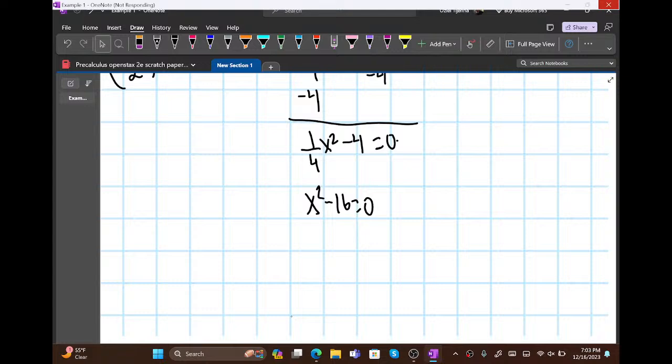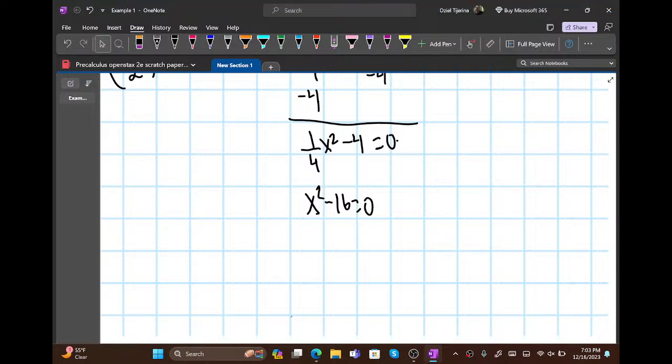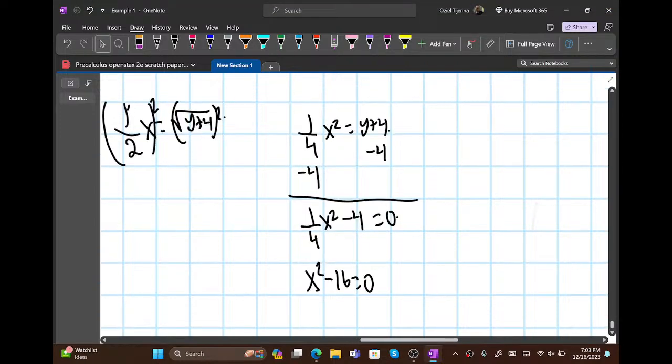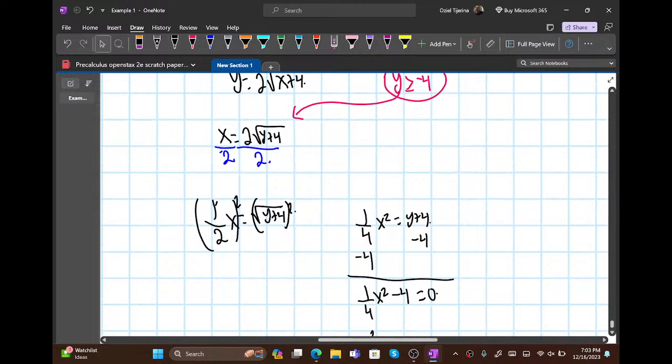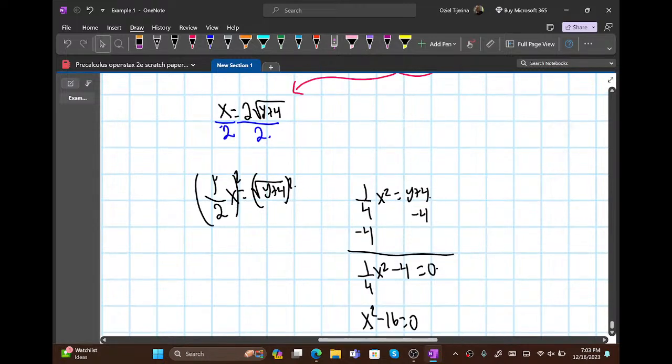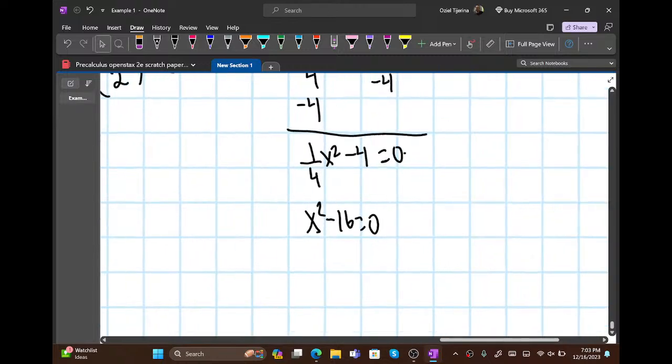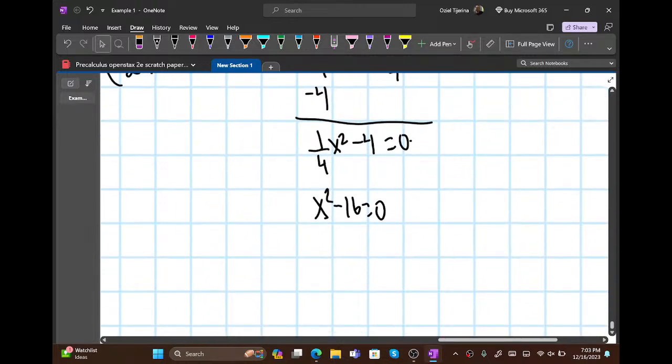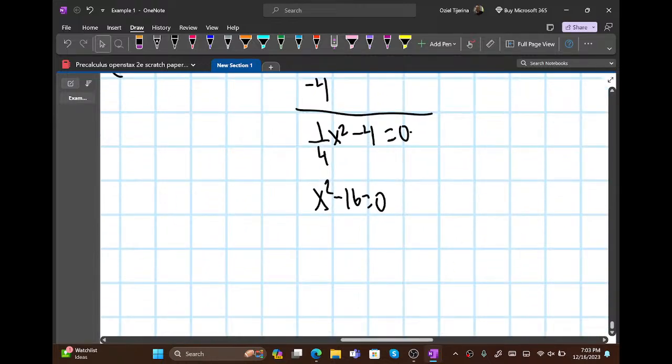I don't know why it keeps doing this stuff. X squared minus 16 equals 0.